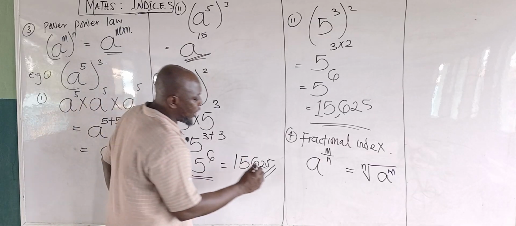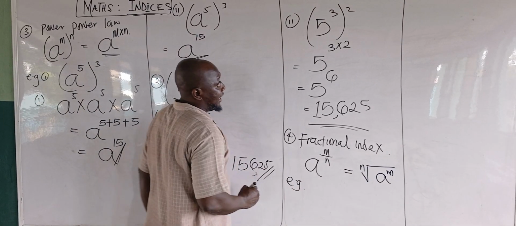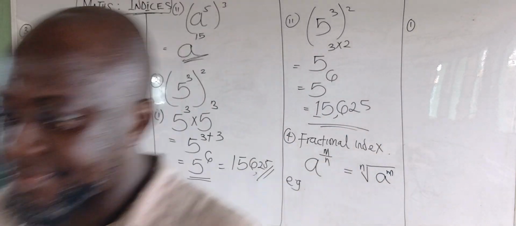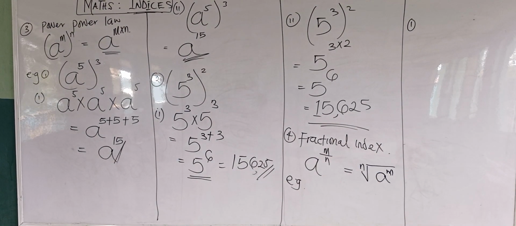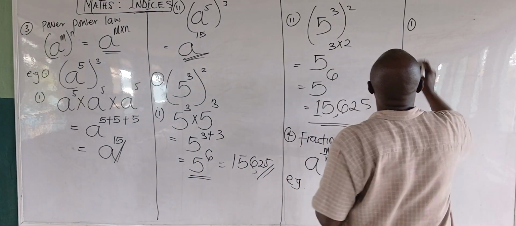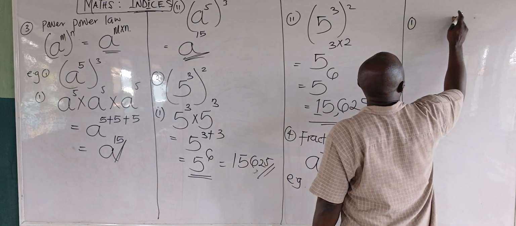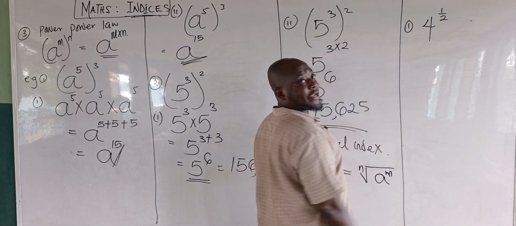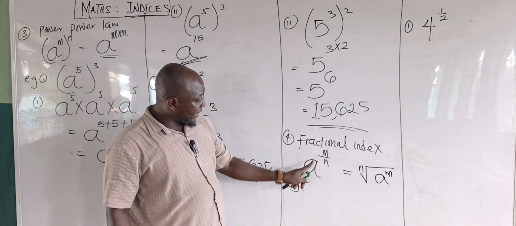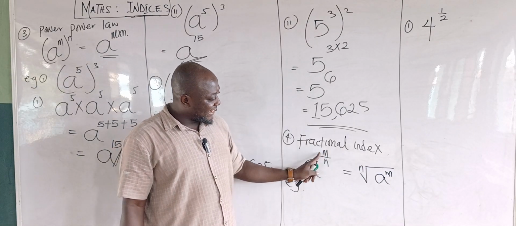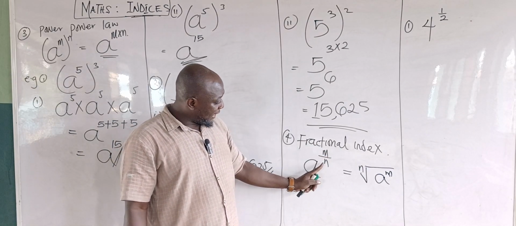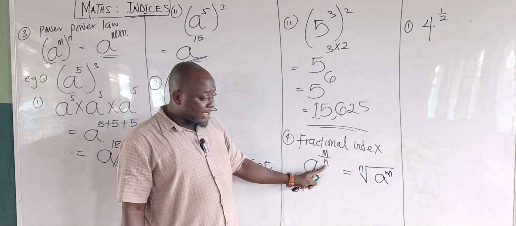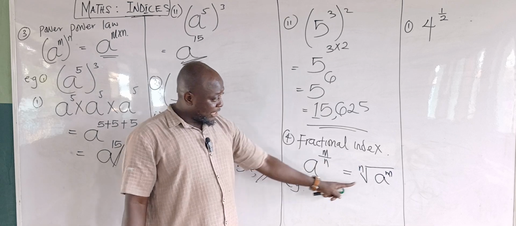What does that mean when you are applying it in an example? Okay, let's do example 1 here. If I have 4 raised to the power of 1 over 2, what do I do here? Following the same rule, don't forget, this is the exponent, the fractional index. That means the index is a fraction. I use the denominator of this index to become the root.